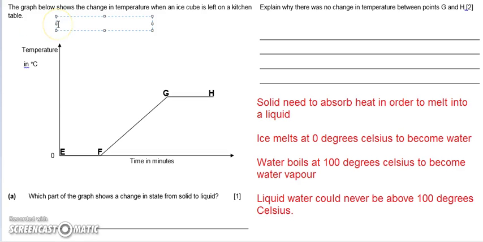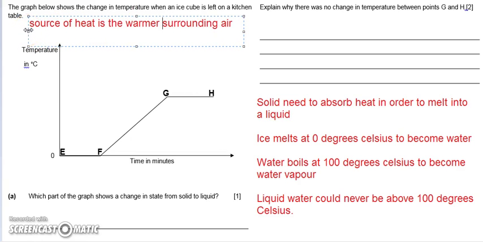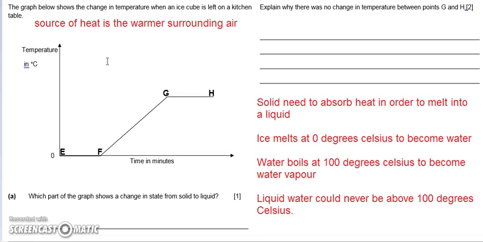Okay, so maybe we just note that down. Source of heat in this case is the surrounding air, the warmer surrounding air. Okay, right? So the ice is absorbing the heat from the warmer surrounding air.